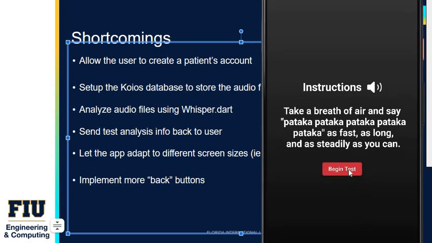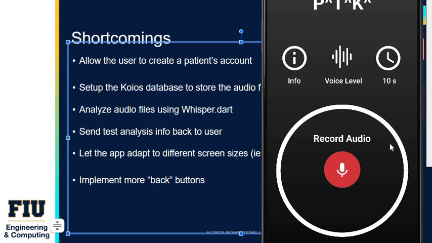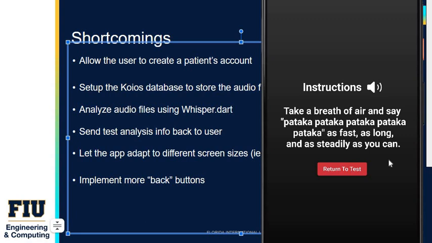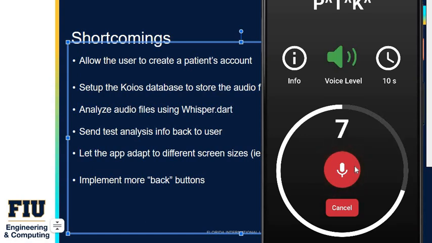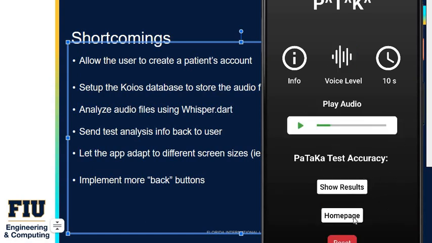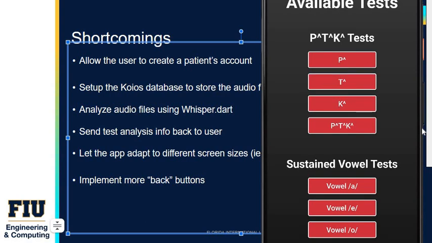And it's the same if you get to this recording screen. You do have a way to get back to the instructions, but again, there's no way to get back to the main screen if you decided that you picked the wrong test, or if you've changed your mind, whatever the case may be. In order to get back to the home screen, you have to do a recording and get to this point where you can click homepage.